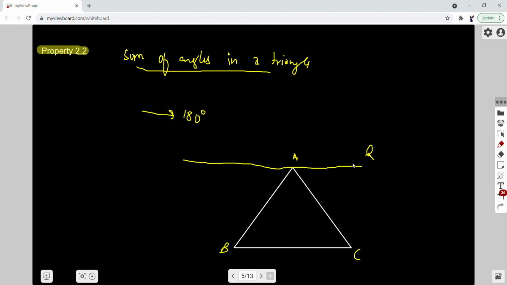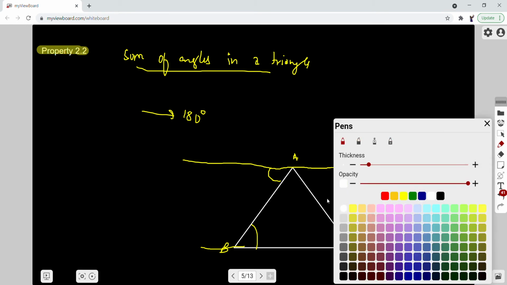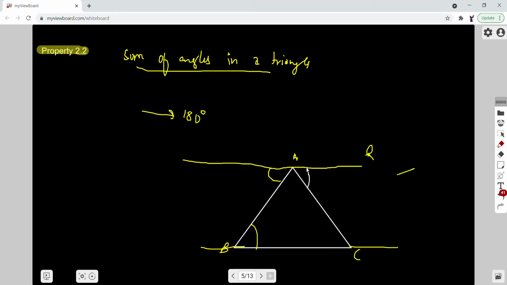My handwriting is not so good, guys, but please try to understand. So we can just extend this one to BC, and we say that these two are parallel lines, and this is the transversal. We say this angle equals this angle, and we say that this angle equals this angle, and this is the other common angle. So by this we have proved the sum of all the angles in a triangle is 180 degrees.